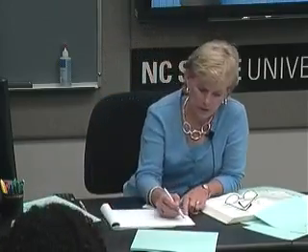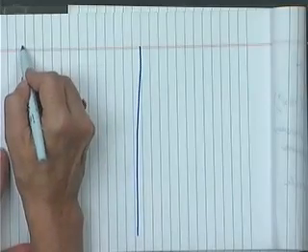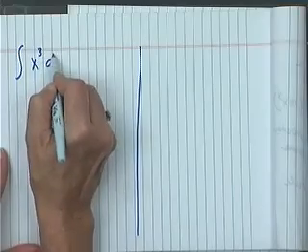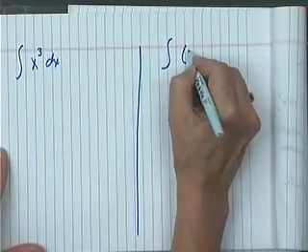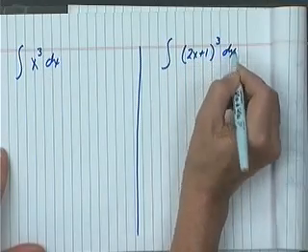Going to take a simple problem, and we're going to make a comparison here. We want to integrate something like x cubed dx versus (2x plus 1) cubed dx.